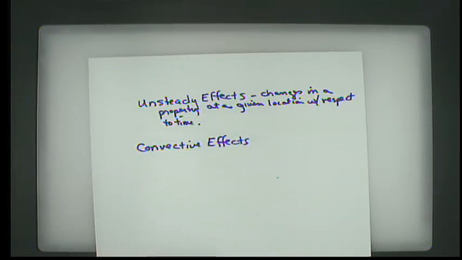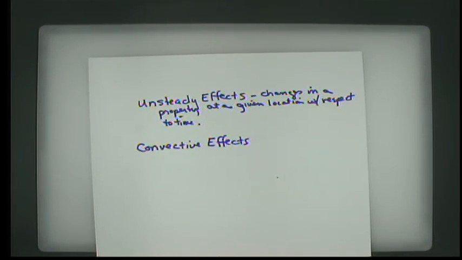Now, it doesn't mean that nothing changes with time if there are no unsteady effects, but they are the particular types where we have a local acceleration or a local change. So for steady flow, I'm talking about the opposite of unsteady, the time derivative is 0 throughout the flow field, and this local effect vanishes.